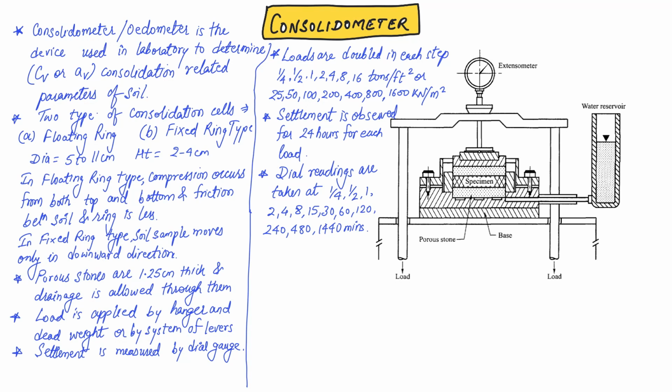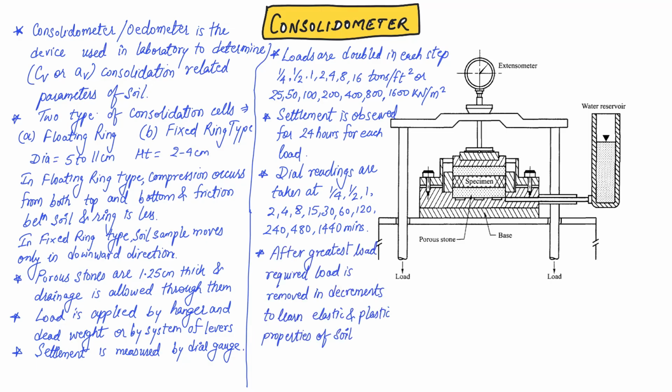But after the greatest load that is required for the test that will be applicable at the field, the soil sample is loaded up to that maximum load, and finally the load is now removed in decrements to provide data for plotting the expansion curve of the soil in order to learn its elastic properties and magnitude of plastic or permanent deformations also. So that is the total consolidation test that we perform. So how we perform that we have studied here.